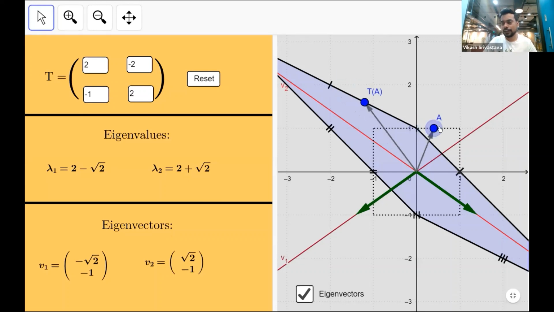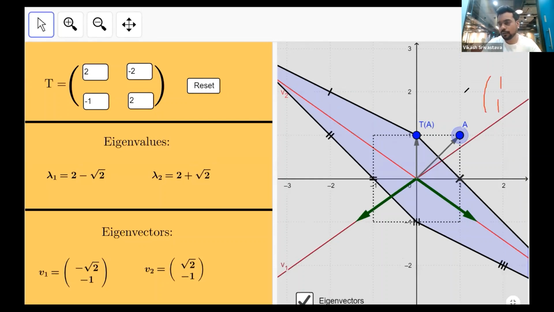So let's say I have any vector A, and I apply this transformation. You can see that this vector A is nothing but (1, 1). Let's apply this transformation (2, -2; -1, 2). Of course, I can play around with these numbers, but for now let's stick with them.